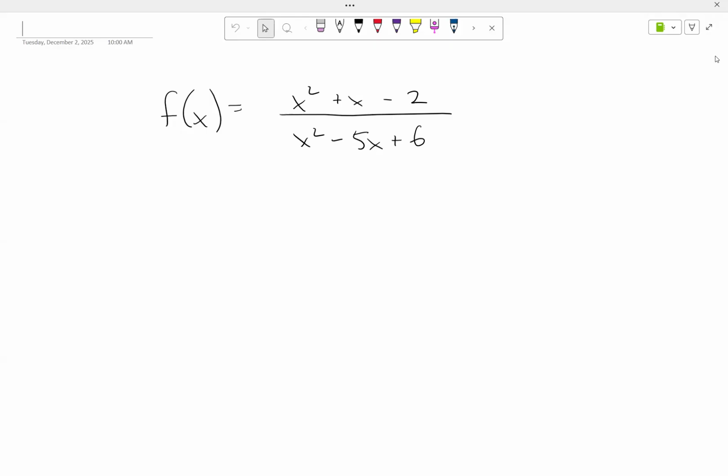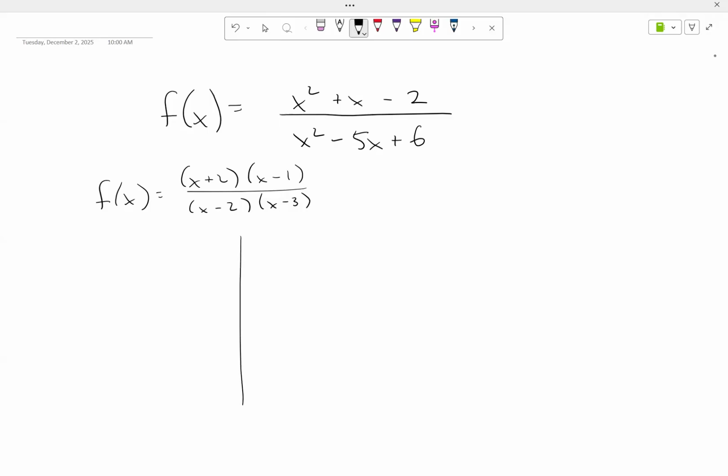What did you do first? The numerator would be x plus 2 times x minus 1. Okay, the denominator would be x minus 2 times x minus 3. And what does this tell you here? Well, the coefficients of both the numerator and denominator are 1, so the horizontal asymptote is 1.